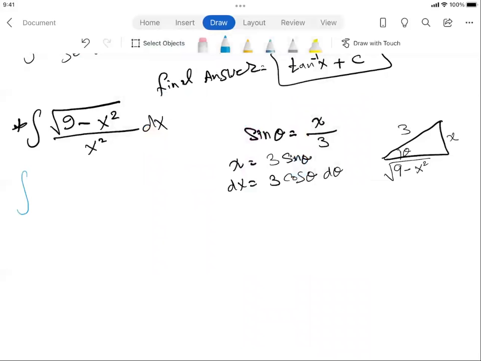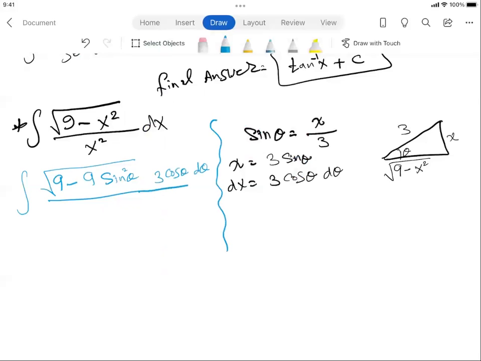So my problem would become: 9 minus x squared is simply 9 sine squared of theta, and dx is simply 3 cosine of theta d theta, and x squared is 9 sine squared of theta.